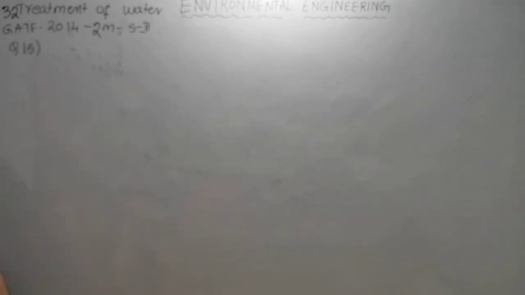Okay, next question, question number 15. A suspension of sand-like particles in water with particles of diameter 0.10 mm and below is flowing into a settling tank at 0.10 meter cube per second.